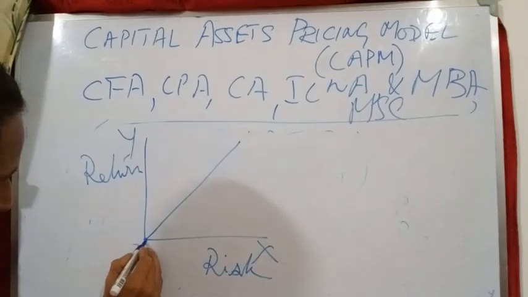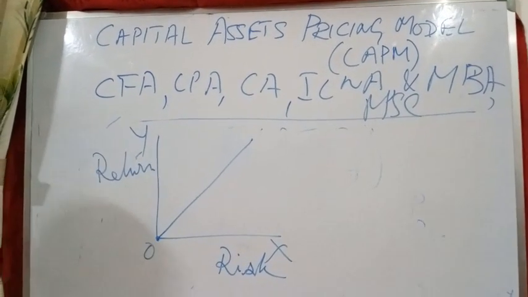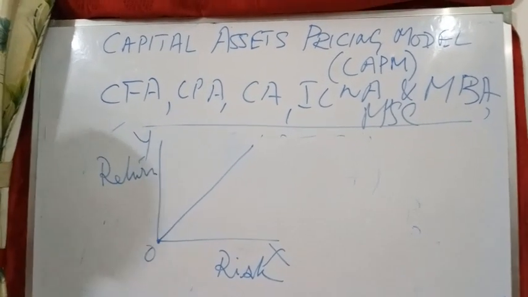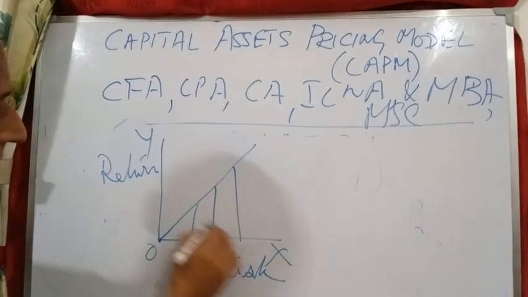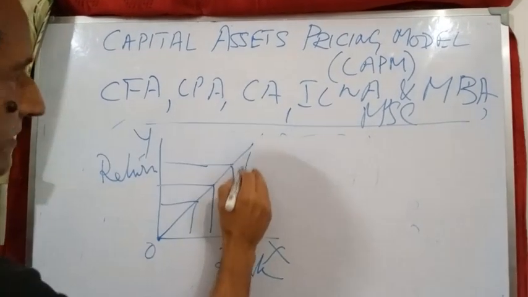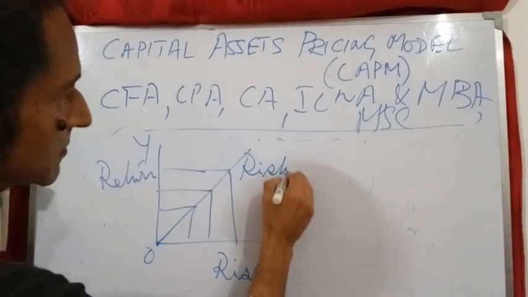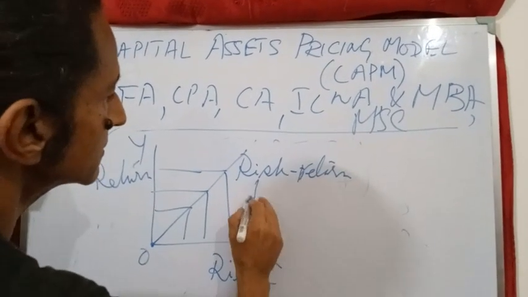At 0, there is no risk and no return. As the investor goes on taking more and more risk, his return also increases. This is the risk-return trade-off.